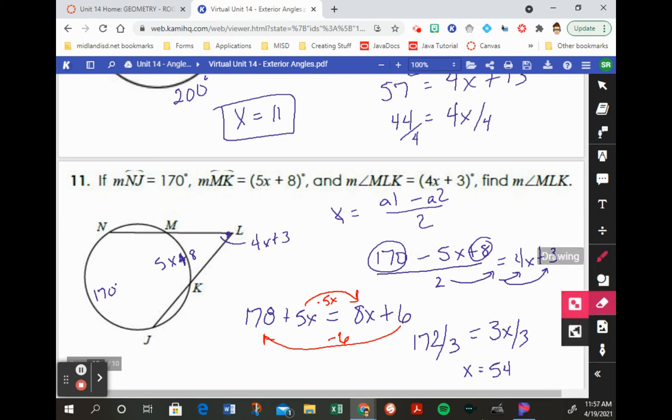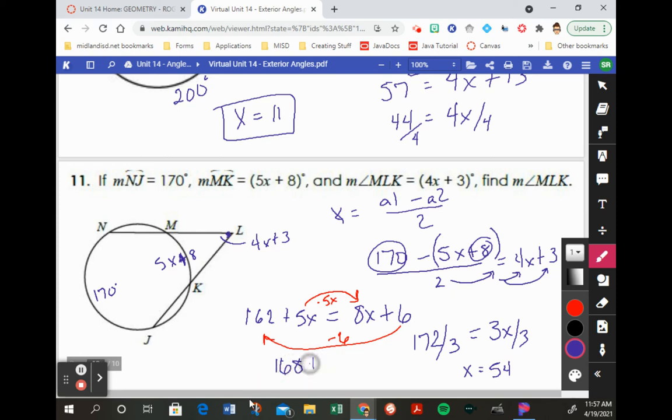That should have been a minus, and I should have had parentheses around it. Miss Rogers, you made a big boo-boo. So this should have been 162. And then I add 6 to it, 178.